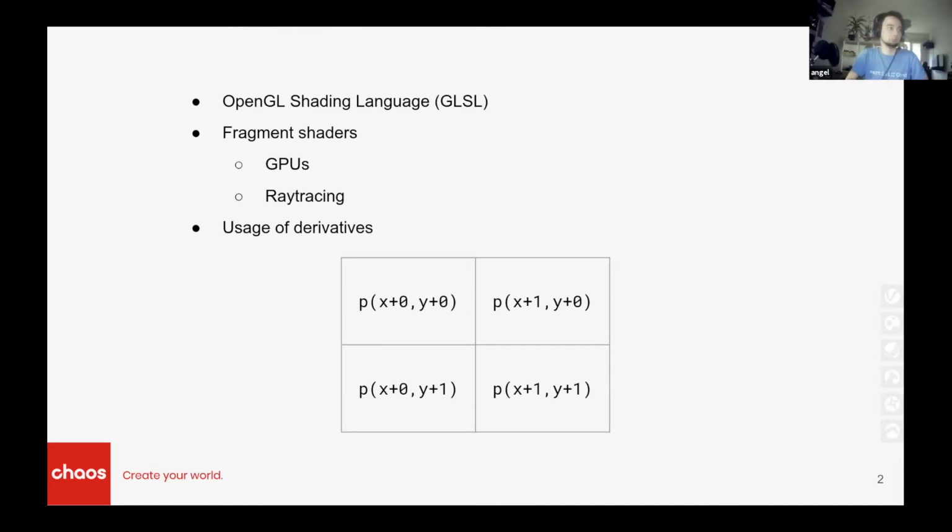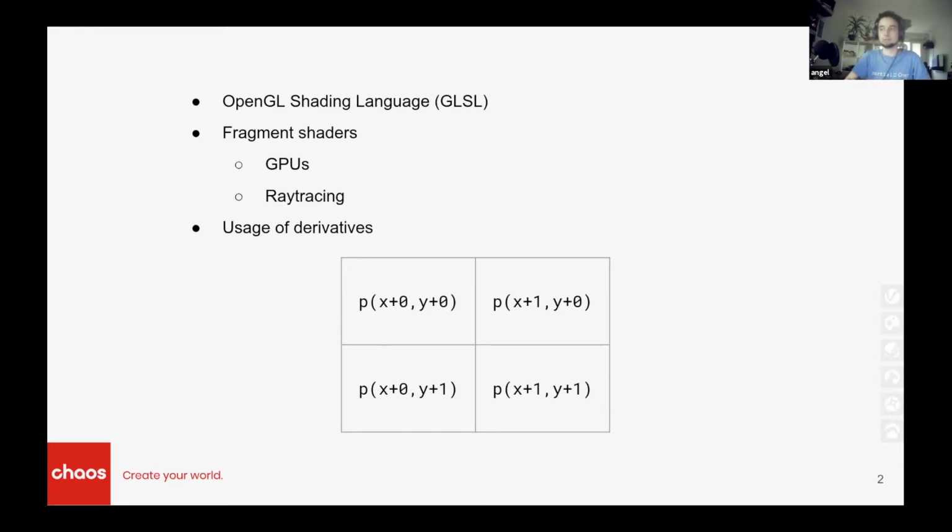So we have implemented a subset of GLSL in our ray tracer, and we have used it in a bit different way from the way it's used in GPUs in contexts like OpenGL. So typically in a GPU, the shader is run on a grid on multiple pixels in parallel and has information from the neighboring pixels.